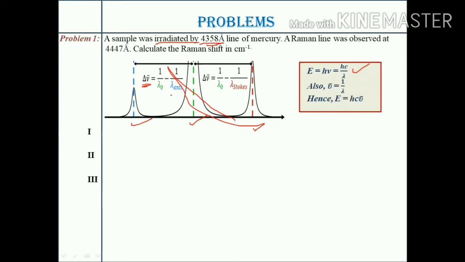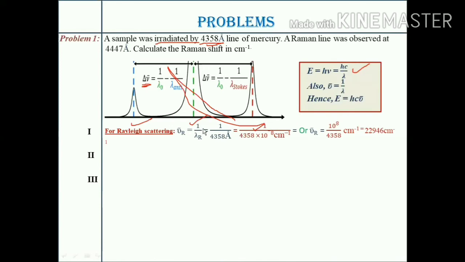So how do we proceed with this numerical? For Rayleigh scattering, nu bar is equal to 1 over lambda, coming from this expression. So the wave number nu bar is equal to 1 over lambda, and if we calculate it for Rayleigh scattering, I have written a subscript, nu bar r, that represents the Rayleigh scattering.